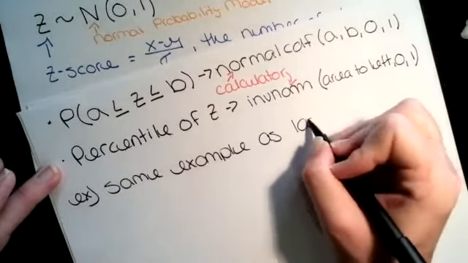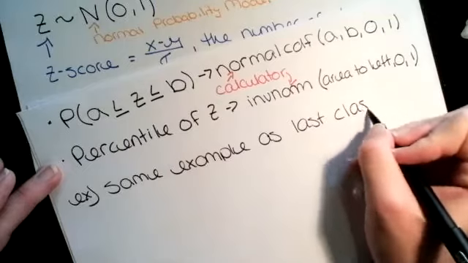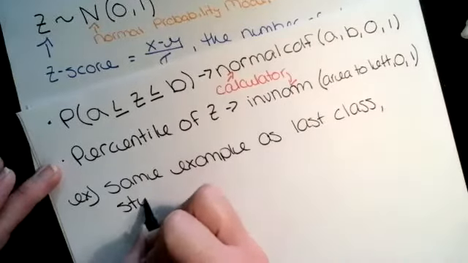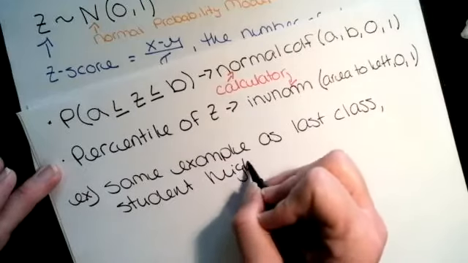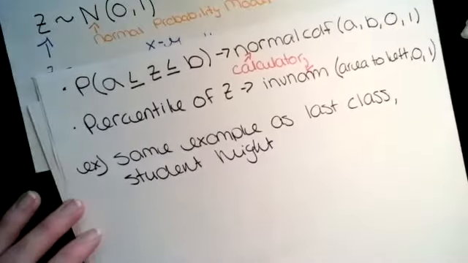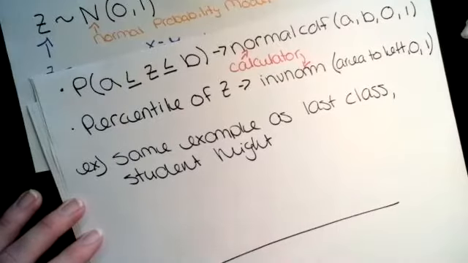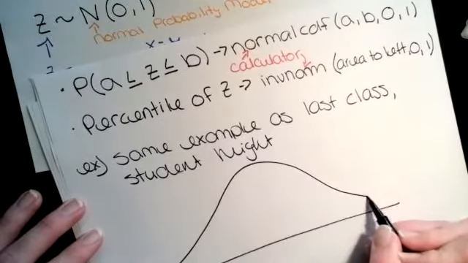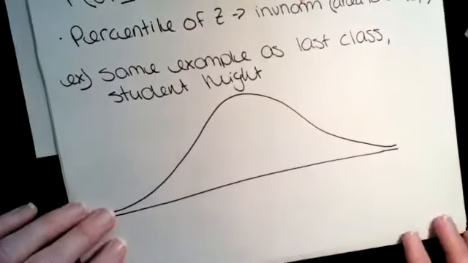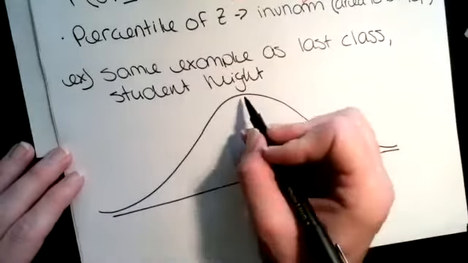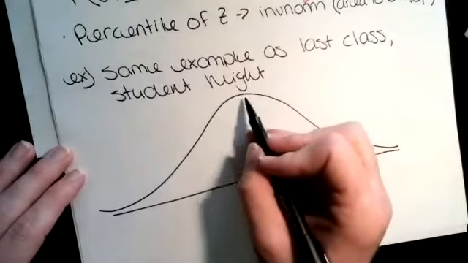So for last class, we were looking at the student height. And we had our curve, so I'm going to draw it out. I'm having a hard time drawing a straight line today for some reason, so I apologize for that. It's on an angle. That's okay. We get the idea.